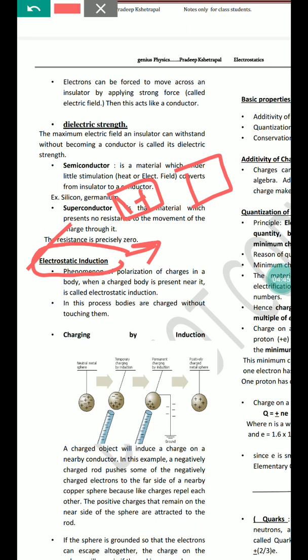Suppose this is a positively charged body, and when we bring an uncharged body near the positively charged body, then it acquires a negative charge.